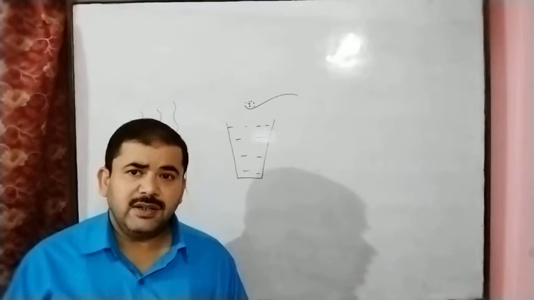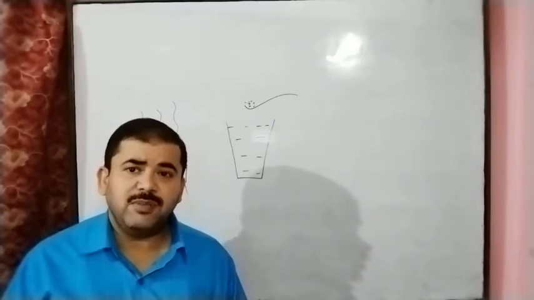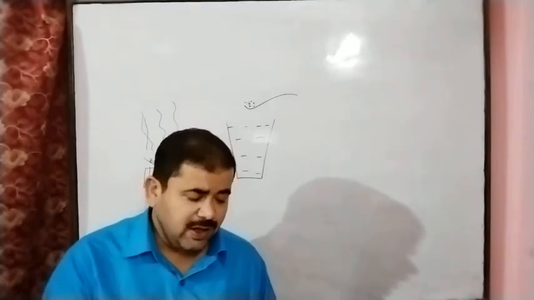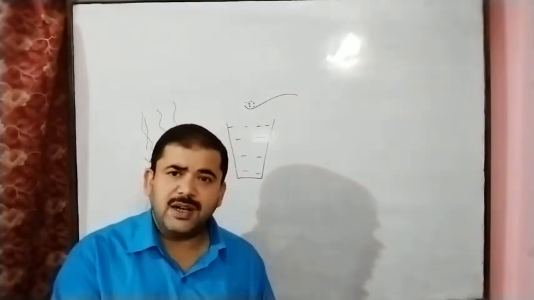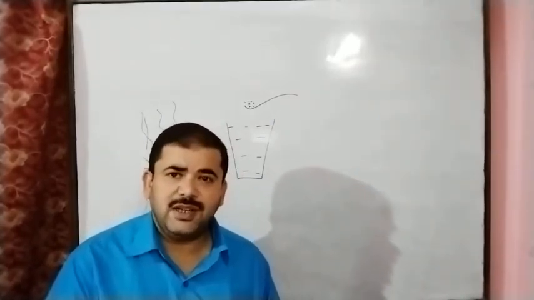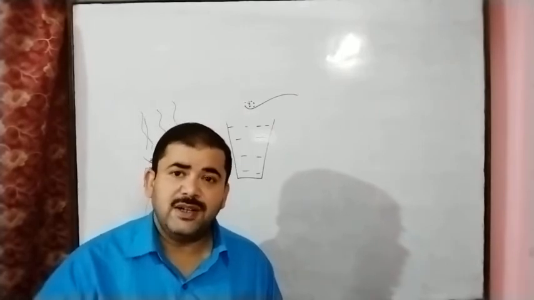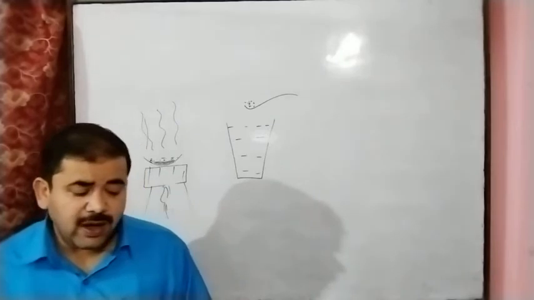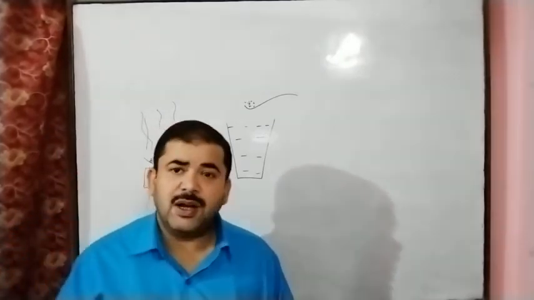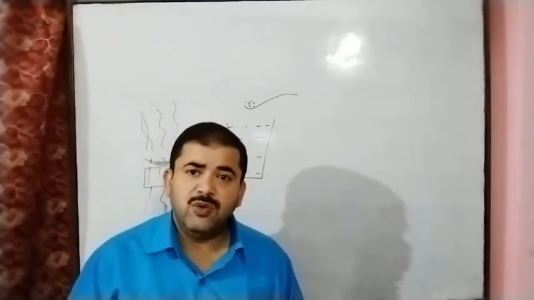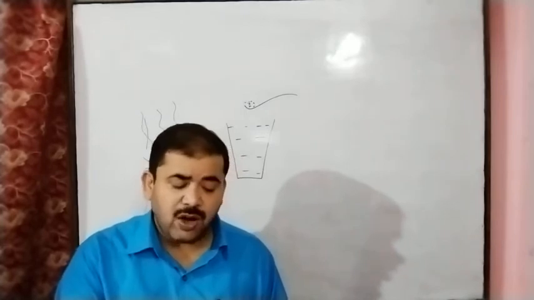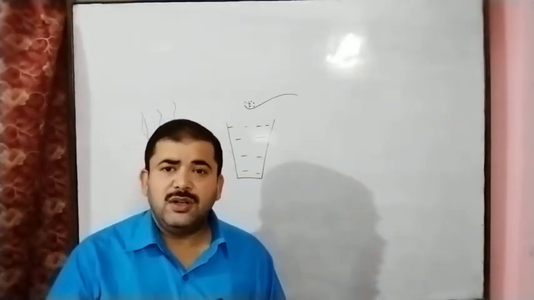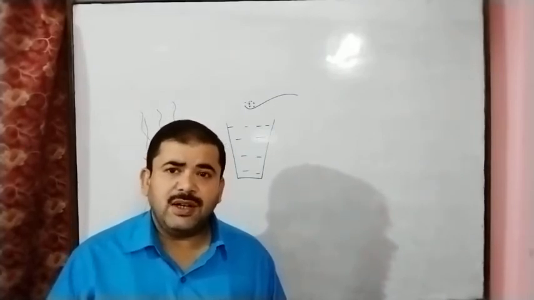What is the need to separate the components from a mixture? For different purposes we can separate the constituents from a mixture. The first point is to remove a harmful or undesirable component. Suppose you take water.